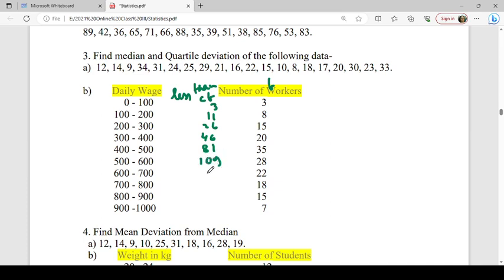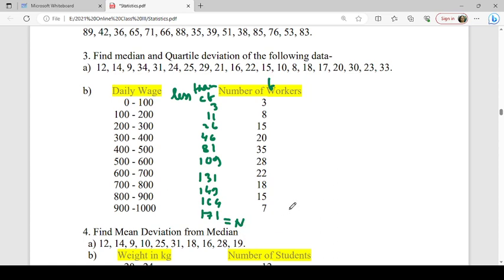Less than 700, it is 131. Less than 800, it is 149. Less than 900, it is 164, and less than 1000 it is 171, and this is n. N is 171.